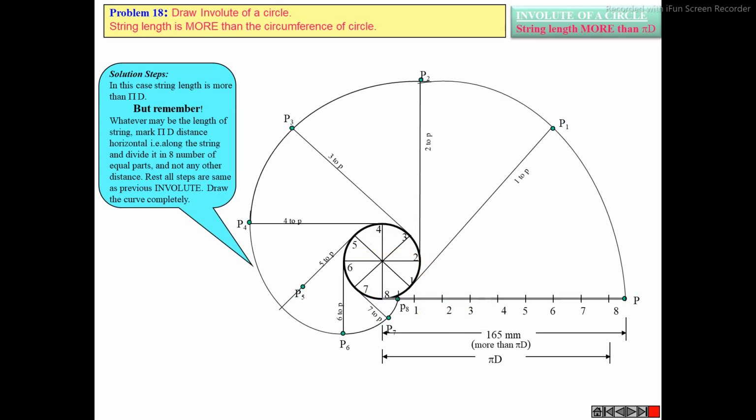Now can you guess the difference between the first case and this case? Tell me, in the first case, my curve will start from which point? In the same diagram, if I had solved the case for L equal to pi d, my curve will start from which point?